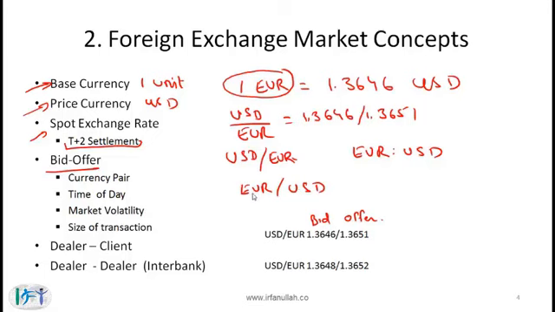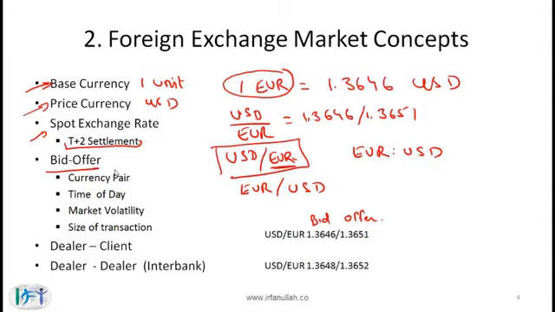So the point here is that there are several different conventions, and you have to be smart enough to figure out which convention is being used. In the curriculum, as I mentioned earlier, this is the convention where the first currency is the price currency, and the currency over here is the base currency.